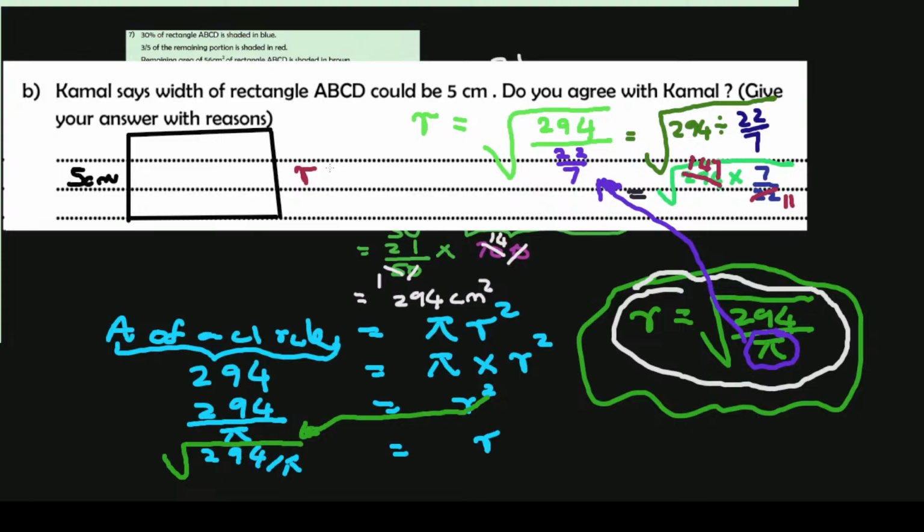We have the square root of 147 times 7 over 11. Right. So let's get an approximate value for that. What is 147 times 7? 147 times 7 is, you can multiply. That's 1029. So what is the radius?